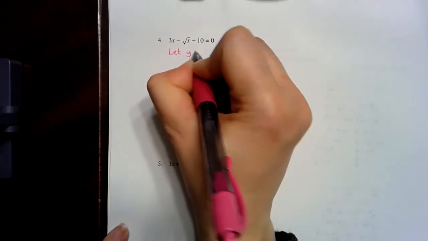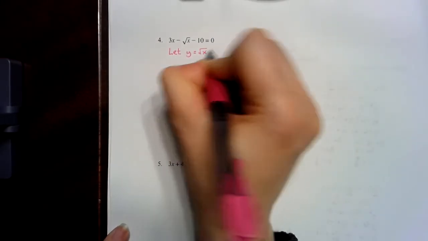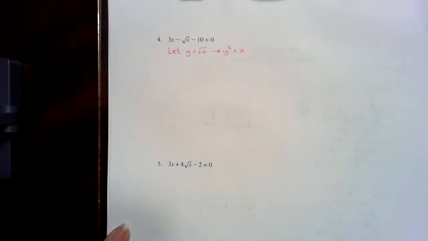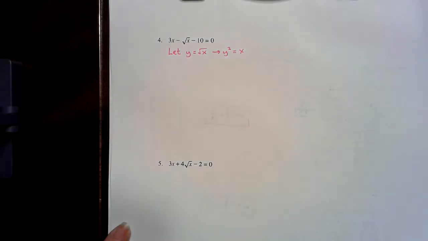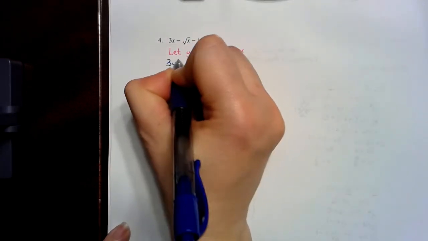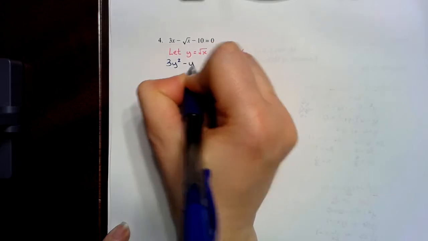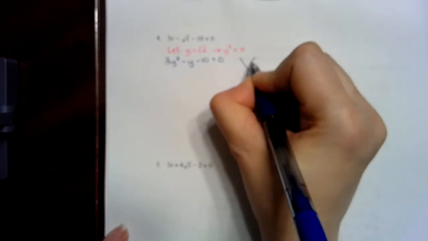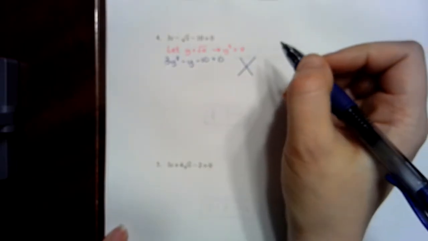If I let my y be root x, then y squared would be x. If I do this replacement, 3y squared minus y minus 10 is 0. I can try solving by factoring.